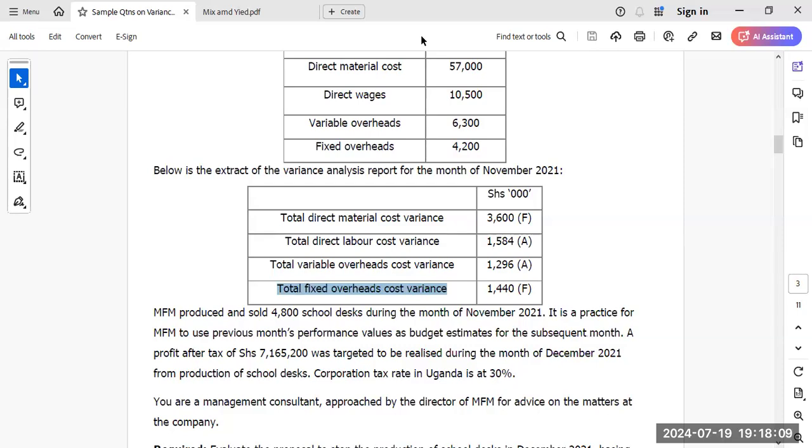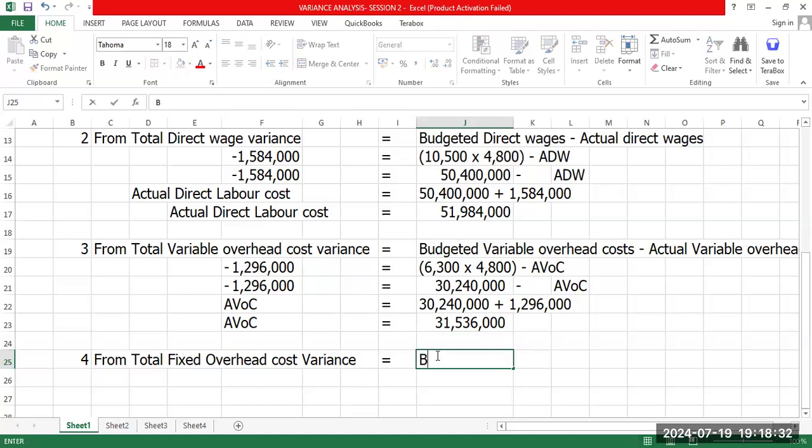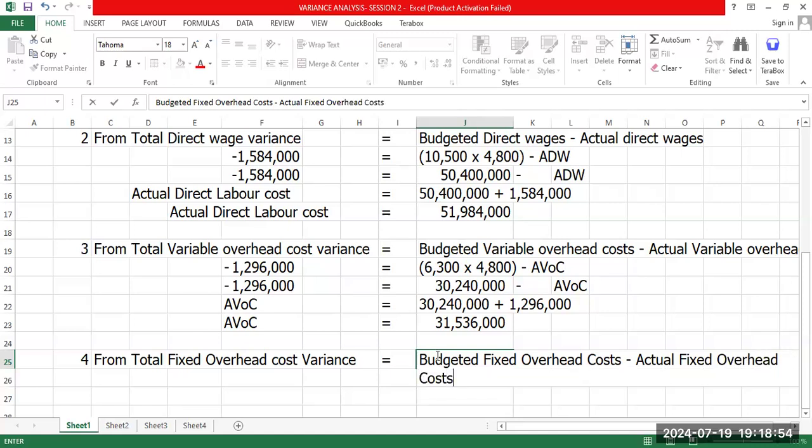We are going to say from total fixed overhead costs variance, which is equal to budgeted fixed overhead costs minus the actual fixed overhead costs.